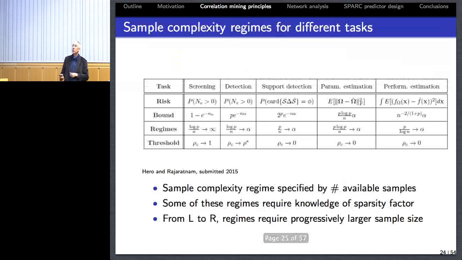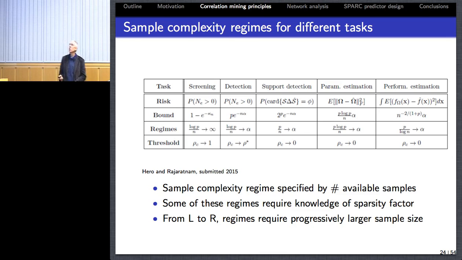And so this table shows the various regimes I was talking about in terms of how many samples you have relative to the number of variables and what you can do in those regimes. Let's go to the standard regime where you're just trying to perform estimation. You know that there's a sparse number of correlations, so there's only on the order of p correlations in your model, not p squared.